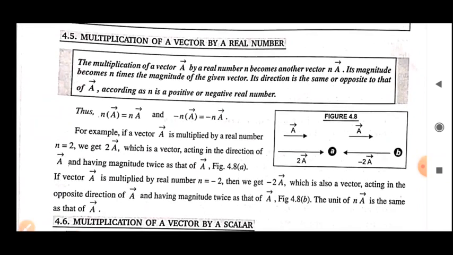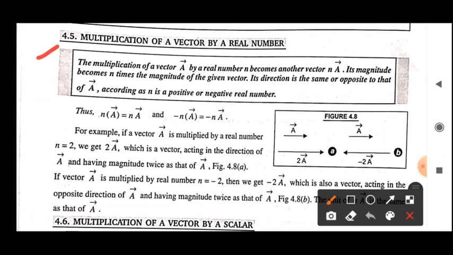Now next, let's see the multiplication of a vector by a real number. Suppose n is a real number that is multiplied with vector A, then the vector becomes nA. Meaning if we multiply any vector, it becomes n times the vector that it was before.